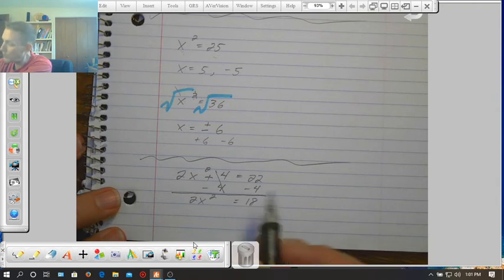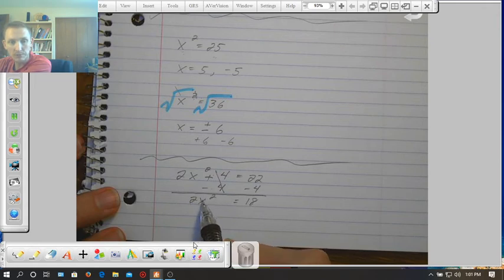In a two-step equation, I undo addition subtraction first. I am now going to undo the multiplication. I'm going to save the exponent for last because I'm doing inverse operations, so I'm basically working with PEMDAS backwards. So I'm going to undo the times 2 by dividing by 2 on both sides.